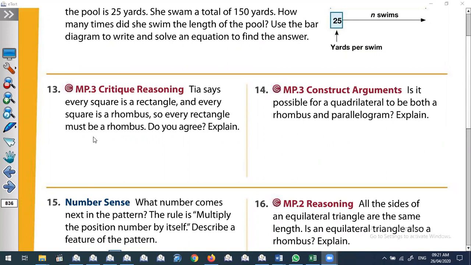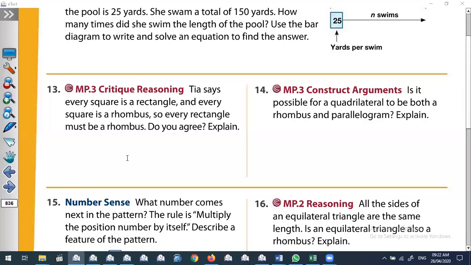So every rectangle must be a rhombus. Do you agree? Explain. Let's find what she means.